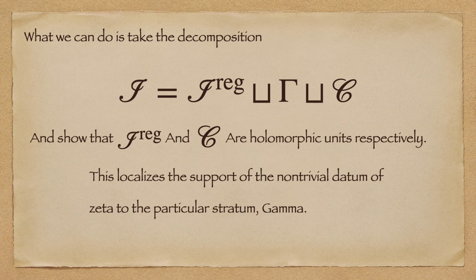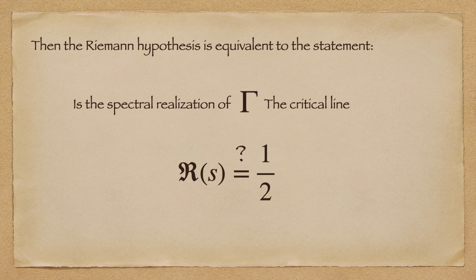So we decompose it into that triality and show that the regular part and the cone points can only be holomorphic units, respectively. Once we exhaust those two as holomorphic units, this essentially localizes the support of the non-trivial datum of zeta to the particular stratum gamma. It isolates all the non-trivial information to gamma. So the Riemann hypothesis is then equivalent to the statement: is the spectral realization of gamma the critical line, real part of s equals 1/2?